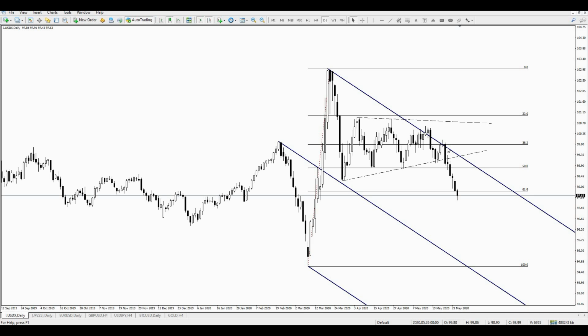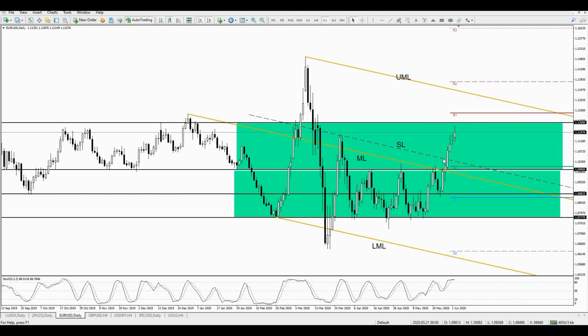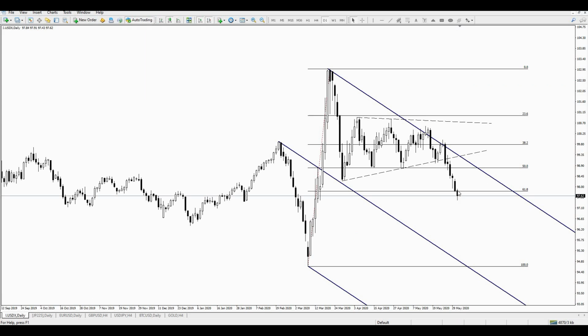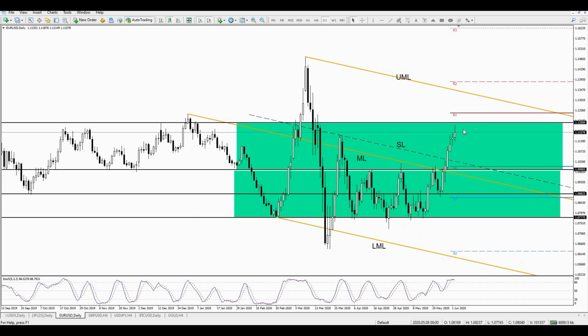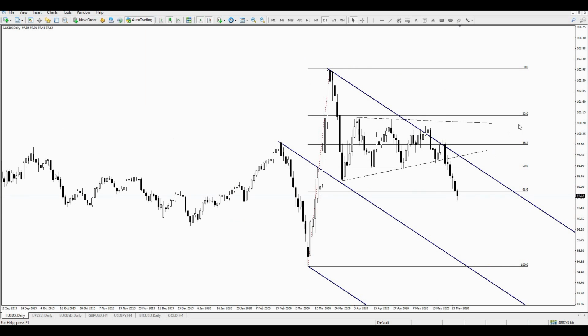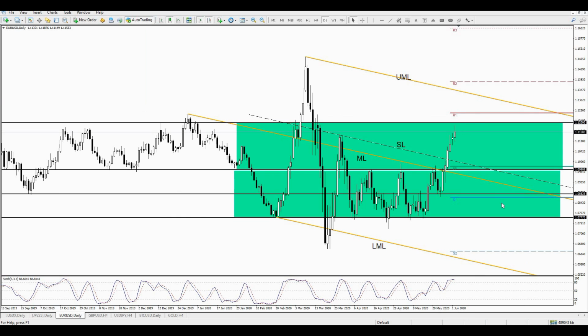Also, this aggressive breakdown from this triangle, a valid breakdown, has signaled a further decrease. So as long as the dollar index continues to drop, the euro versus the US dollar will continue to increase. So you can use this correlation between the euro versus the US dollar and the US dollar index. When the index drops, the currency pair increases, and when the index increases, the currency pair drops.